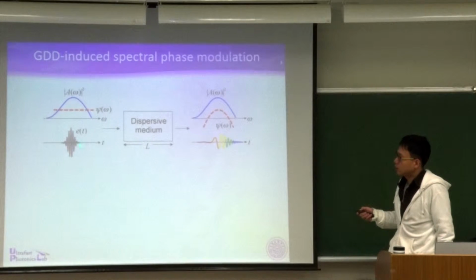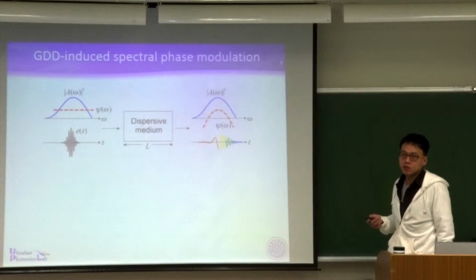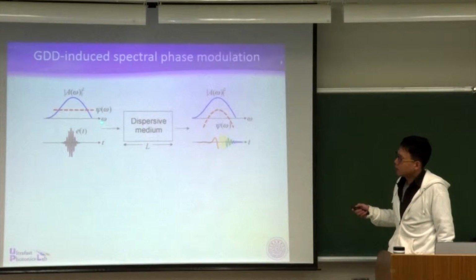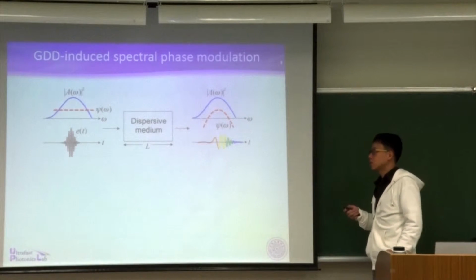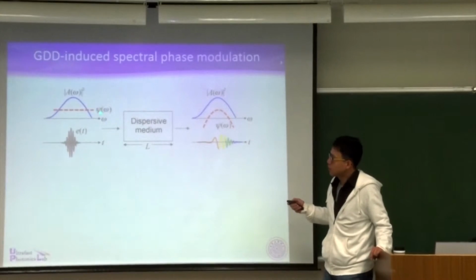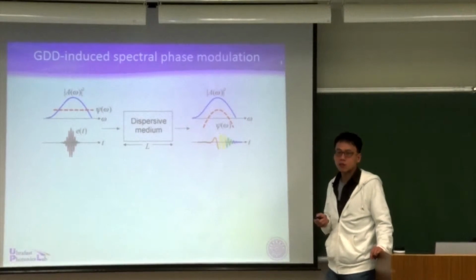Assume we have a transform-limited input pulse. So in the time domain, you have an electric field like this. Fringe density is nearly constant. And this is the frequency domain picture. The blue curve is the power spectrum. The red dashed line means the spectral phase. Since this is a transform-limited pulse, your spectral phase is a constant function.